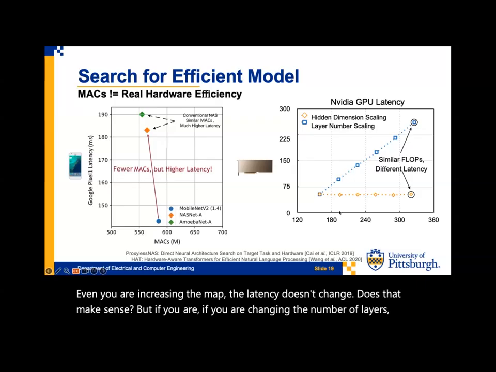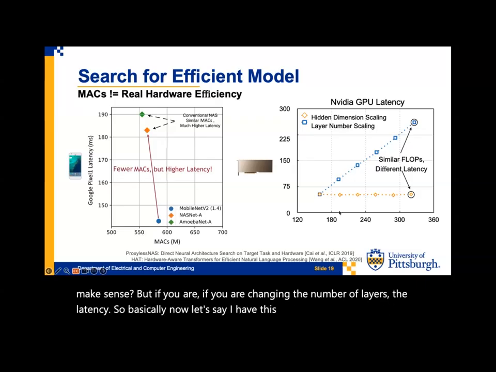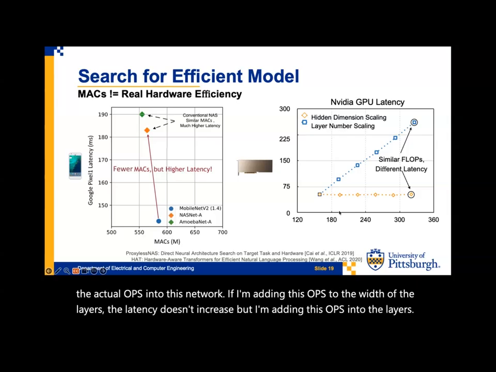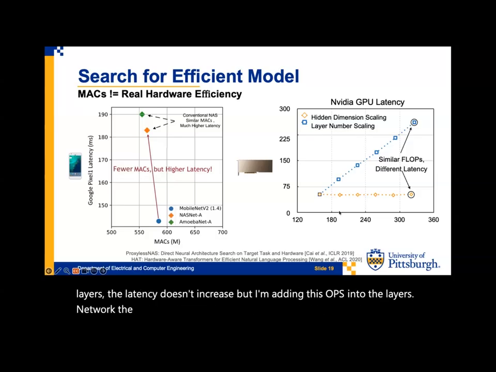So basically now, let's say I have this network and I keep adding extra ops into this network. If I'm adding these ops to the width of the layers, the latency doesn't increase. But if I'm adding these ops into the number of layers of the network, the latency will increase. Does that make sense?